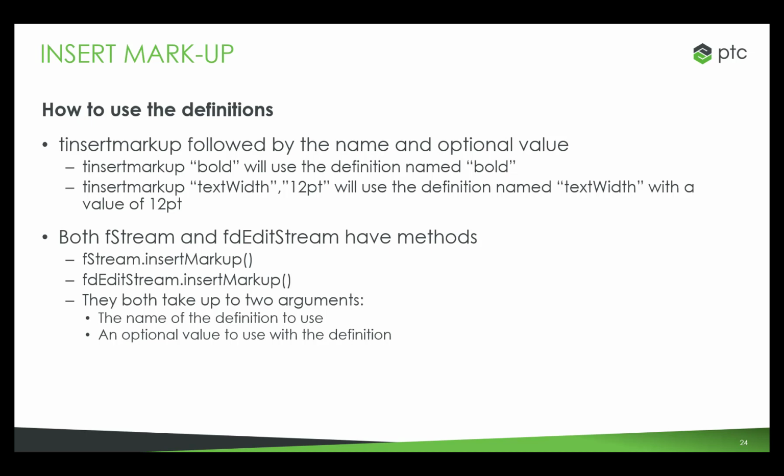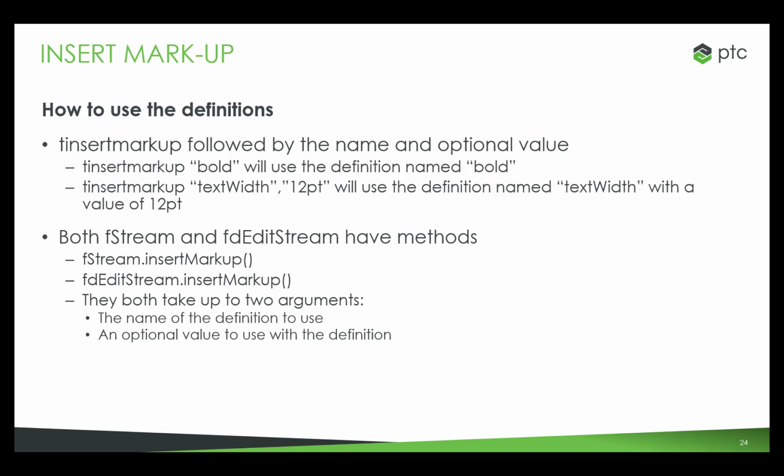Both the fstream object and the fdEditStream objects have these insert methods. So fdEditStream is a new object type provided for 12.1, and that represents the stream that's in the yellow bar at that point. So you can insert it in the stream which is active in the yellow bar, or you can select a stream, go to a position in that stream, and then use your insert markup definition.